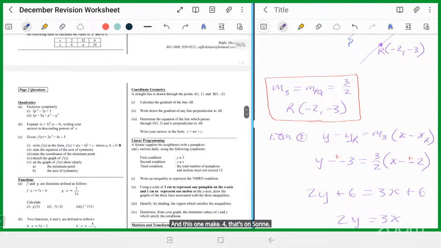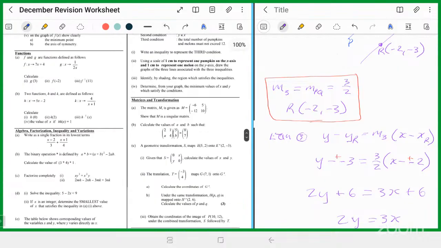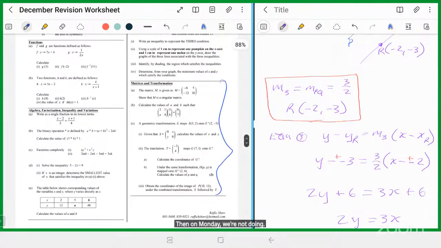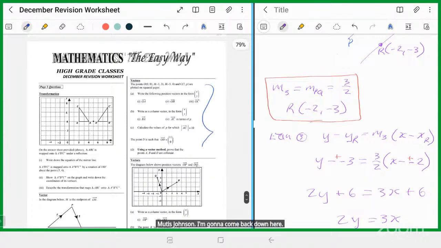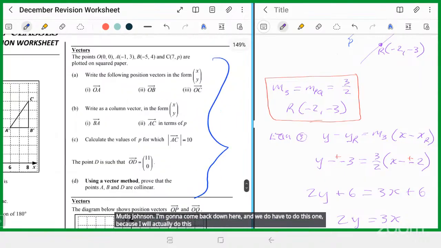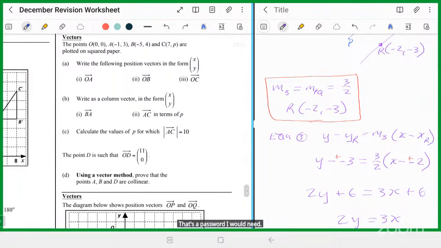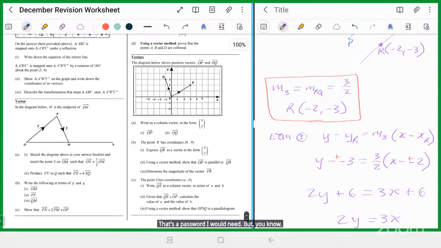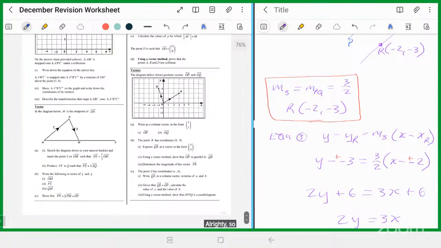Then on Monday, we're gonna be doing this linear programming, this matrices transformation. We're gonna come back down here, and we do have to do this one because we actually did this one as a classwork already, if you remember. That's a classwork that we did. But we're definitely gonna be doing this one. So that is the plan for the next couple of days.